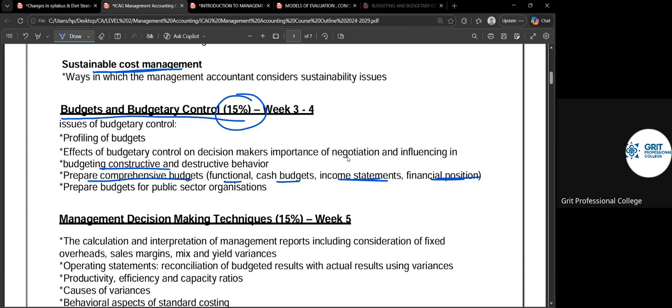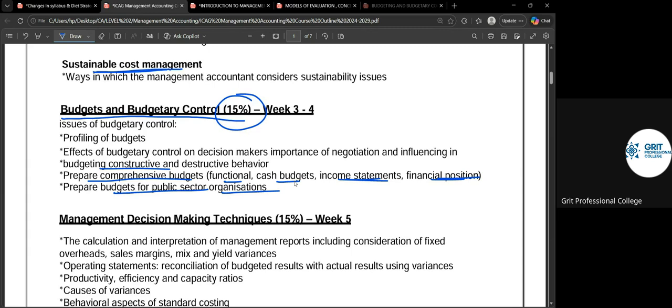We are going to go through all of these issues, so be aware of that. And then also prepare budgets for public sector organizations. Typically we are going to look at how to prepare a cash budget in the public sector. So public sector issues are also being brought into the fold. I hope that is clear.